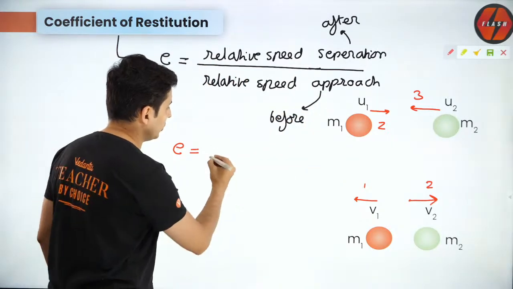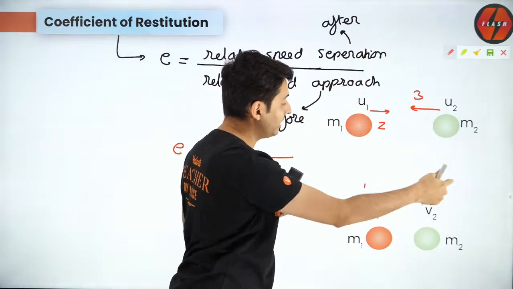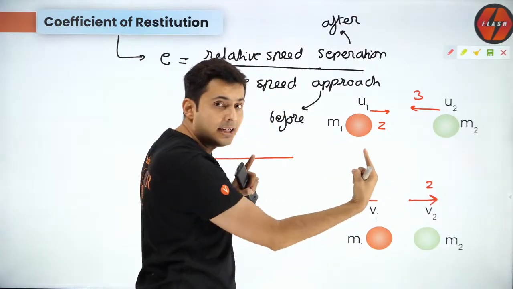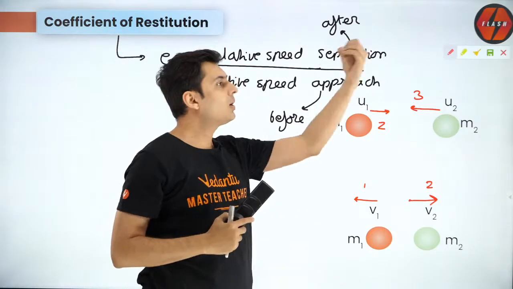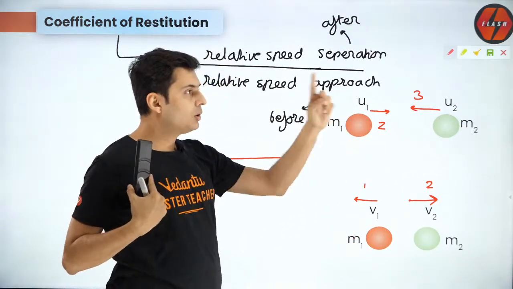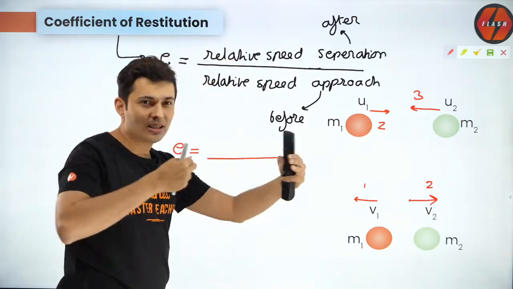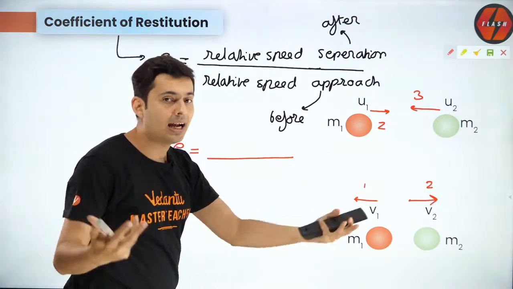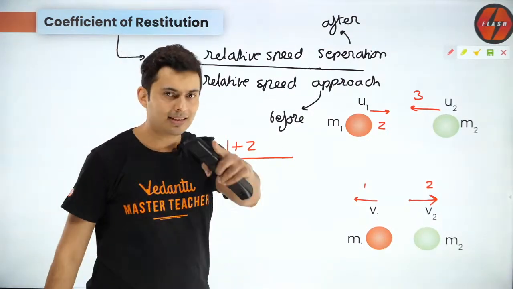I have to create a ratio. What is there on the top? Speed after, that is separation. What is the relative speed of separation? That means sit on one and look at the other. That will give you relative speed. Sit on M1, look at the other guy. You have already seen what relative motion is all about. So obviously when they are going away, the speeds will add and that will become 1 plus 2. I hope that makes sense.